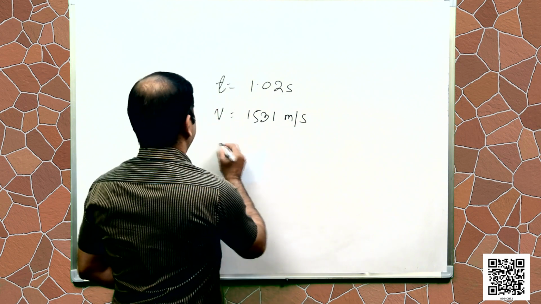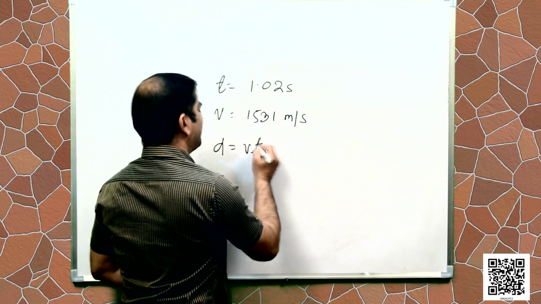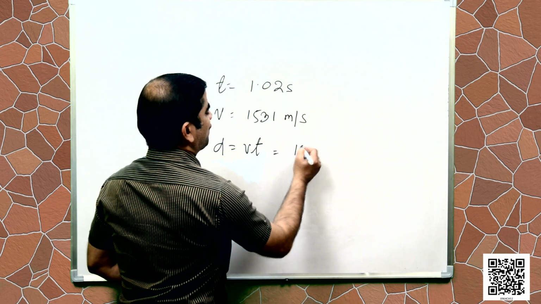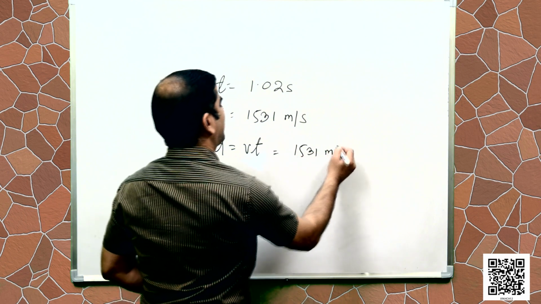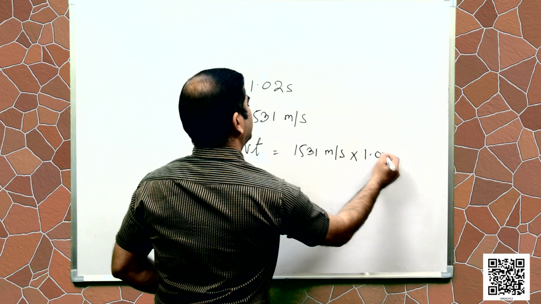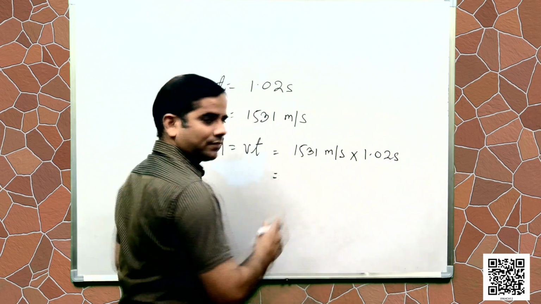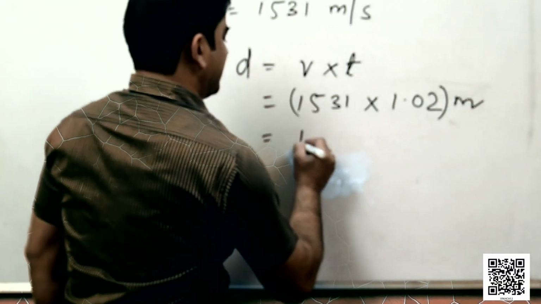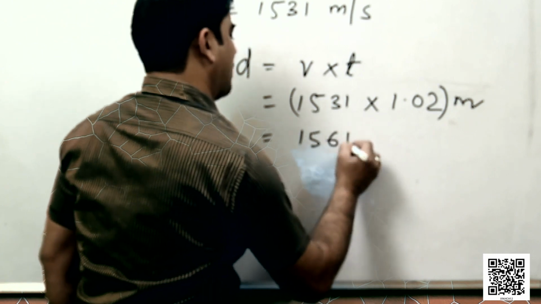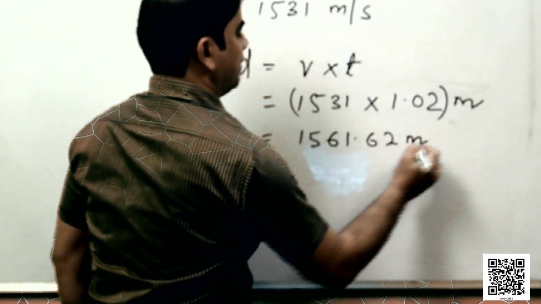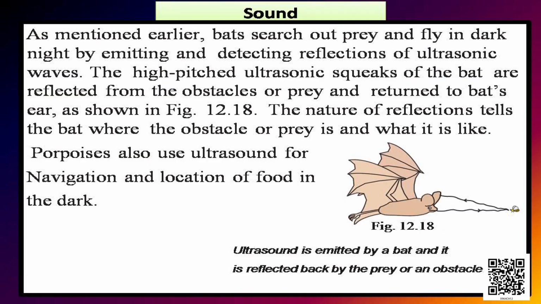So distance d is equal to v into t, that is 1531 meter per second into 1.02 second. When we calculate, that comes up to 1561.62 meter.